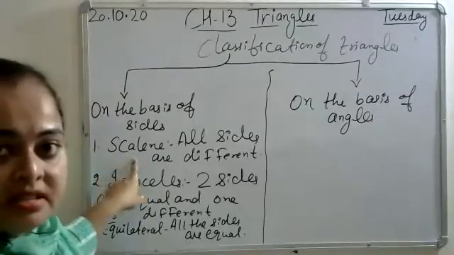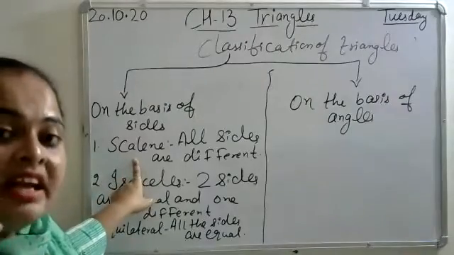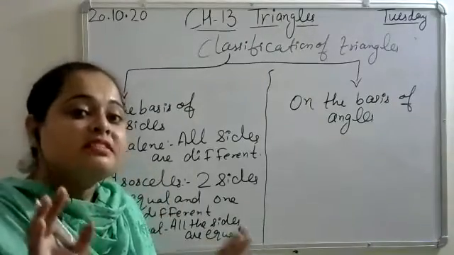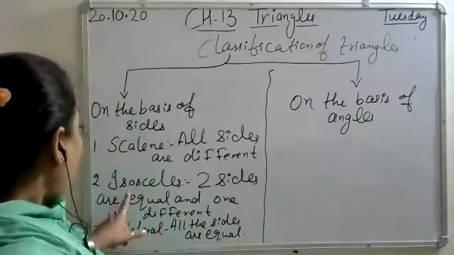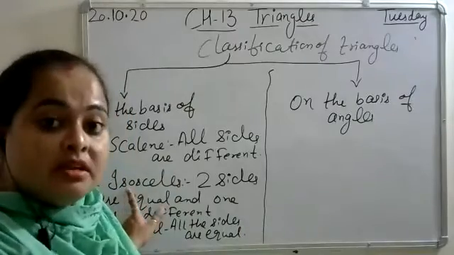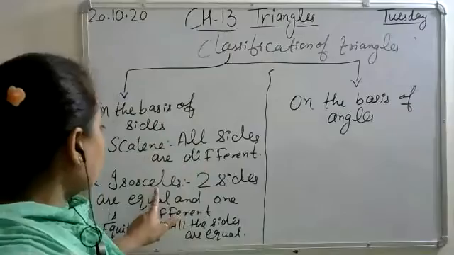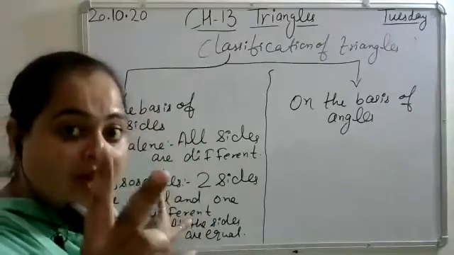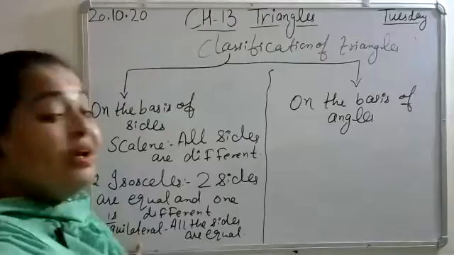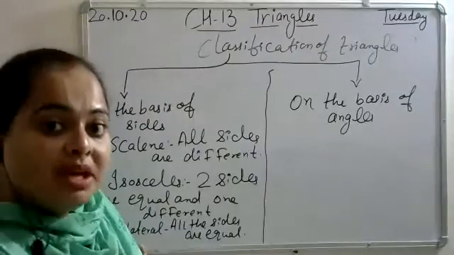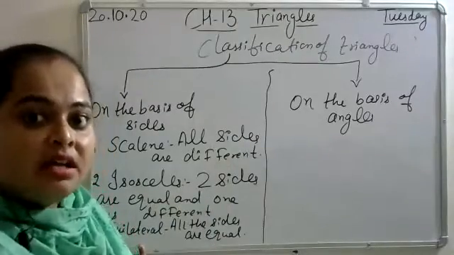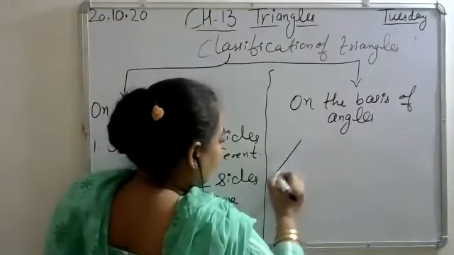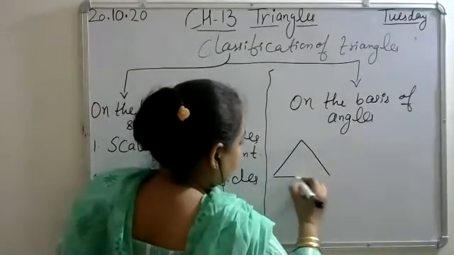The first one is scalene. Scalene is a triangle in which you will observe all the three sides different. Iso means two. So isosceles is a triangle in which we have two sides equal. Equilateral, equi means all the three sides are equal. Now tell me, if I am going to draw three figures here.